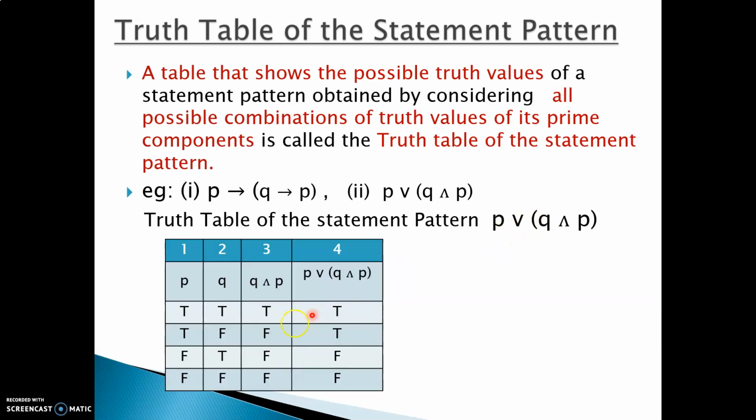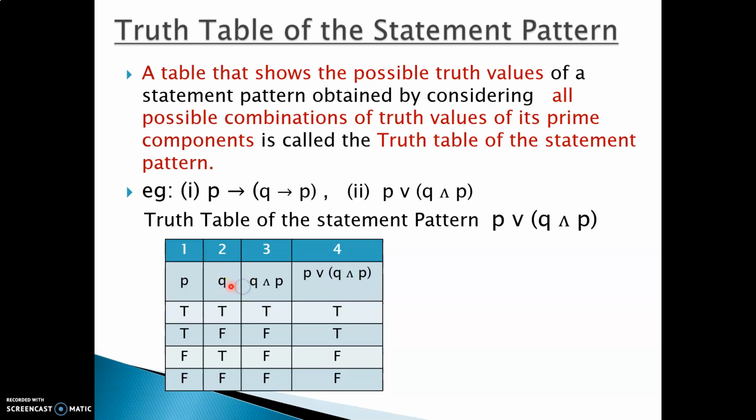In this truth table, you can see the first row has headings 1, 2, 3, 4, etc. so that you can count the columns properly. And in this statement pattern, inside the parenthesis, Q and P is given. The first columns start with the simple statements, so P, Q are the two statements in the statement pattern.